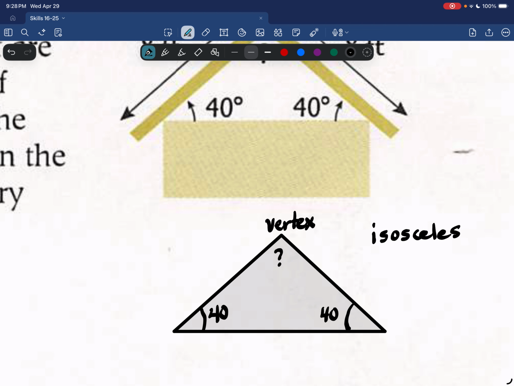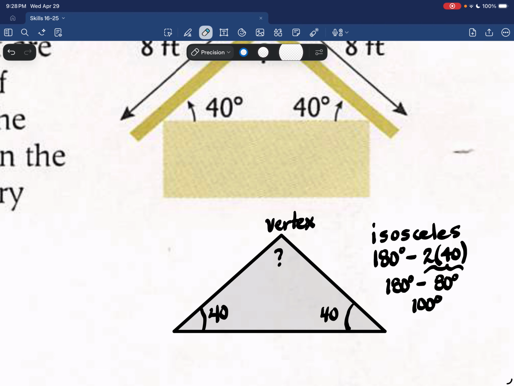And the way that I would find that would be to take the 180 for all triangles minus 2 of my 40 degree angles. So 2 times 40 is 80. And 180 minus 80 is 100 degrees in that vertex angle.